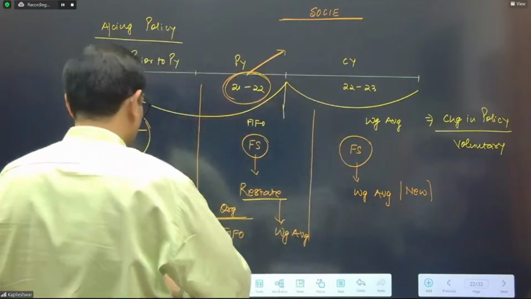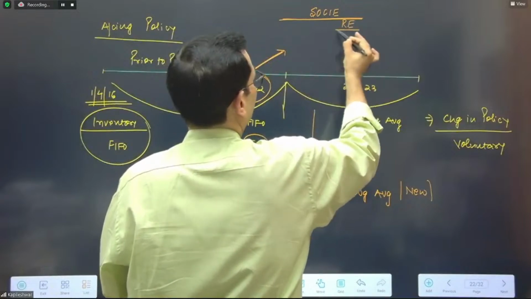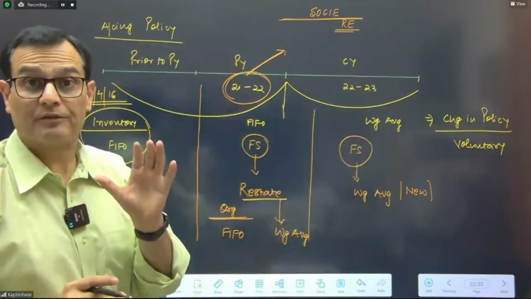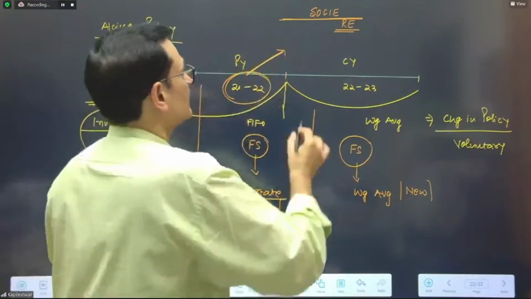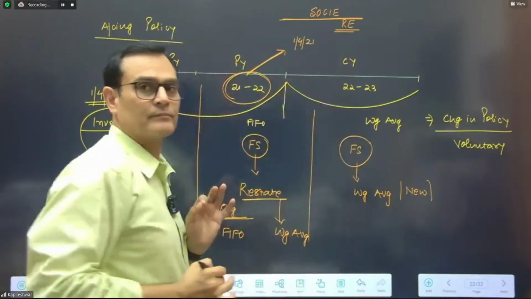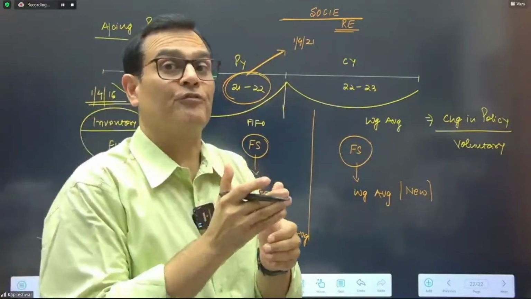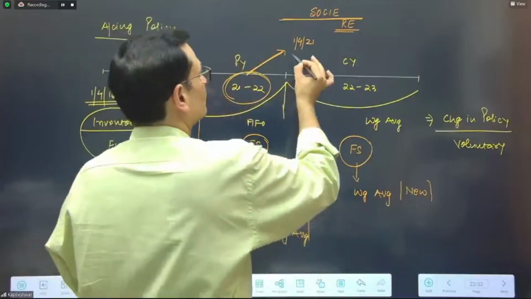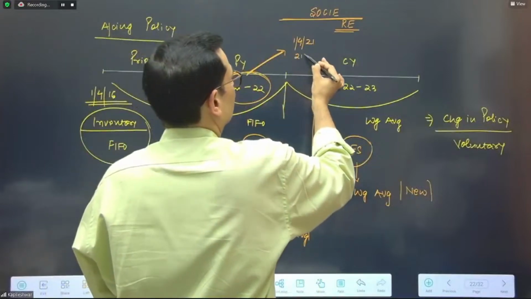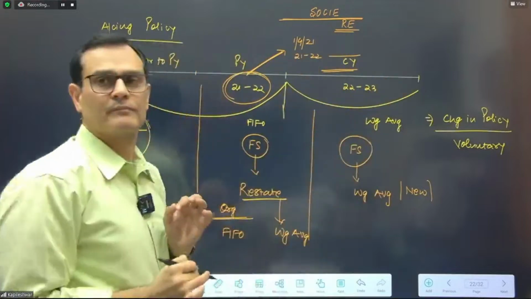When you make a SOCI for this year, I'm looking at the retained earnings column. I'm looking at 21-22, so you will take the balance on 1st April 21, and to this you will add the profit for the year 21-22. That's how you're going to get the balances.